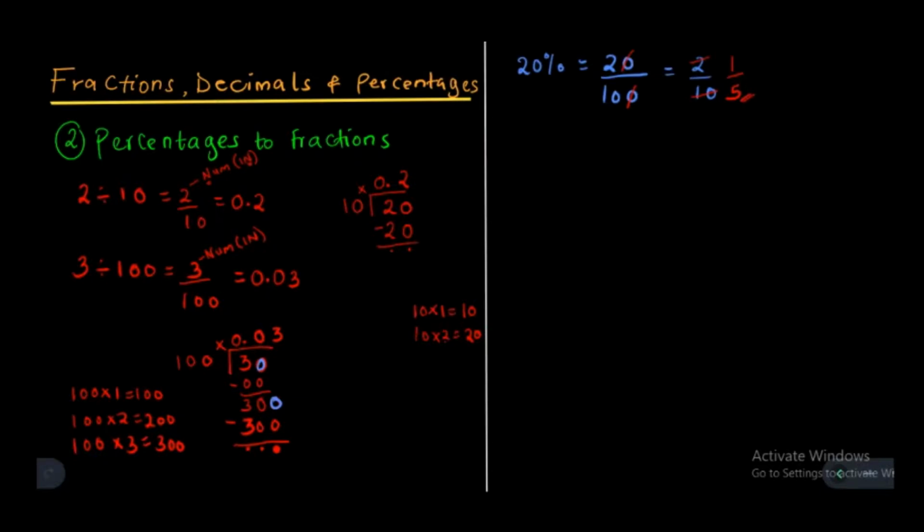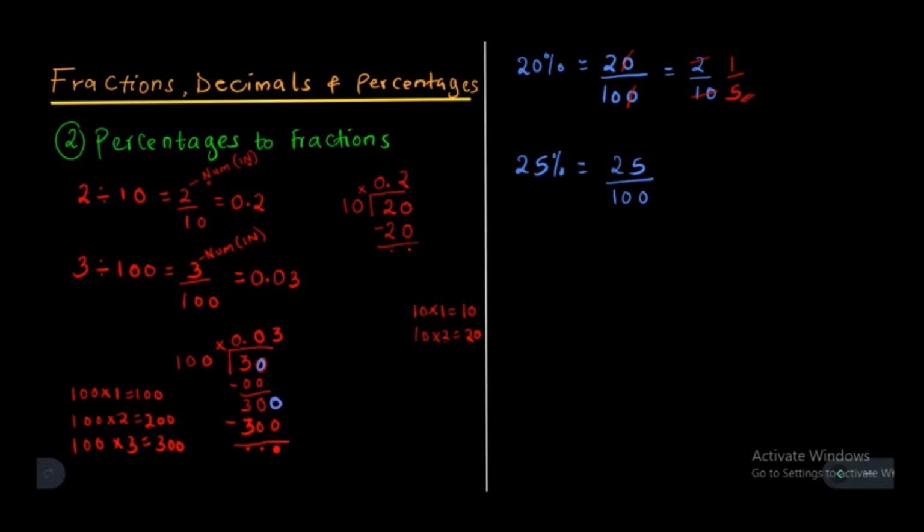Let's look at another example, 25%. If we have 25%, we'll start by writing it as a fraction, 25 per 100. That's what 25% means. And then look for numbers that can simplify this.